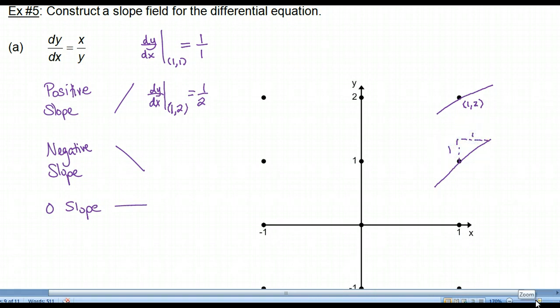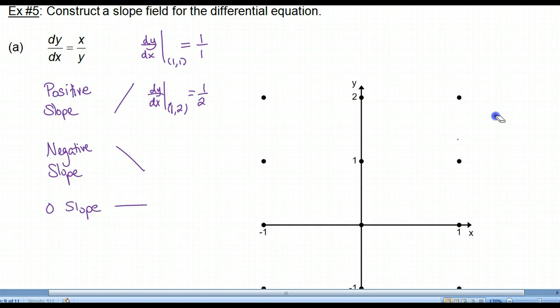You're making little line segments, and since there are no grid lines, you can't really count. You just eyeball it and estimate. It's not going to be exact. The next one is 1 over 2, so this distance here should be half of how far you go. So this is 1, this is over 2. Do it for all the slopes.